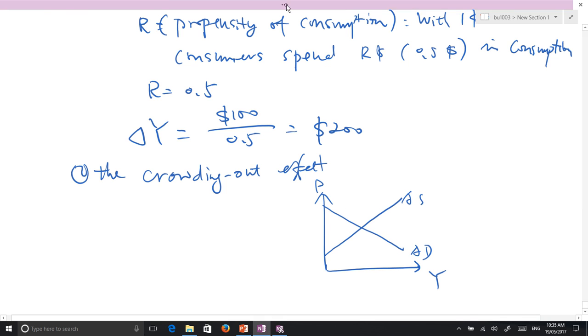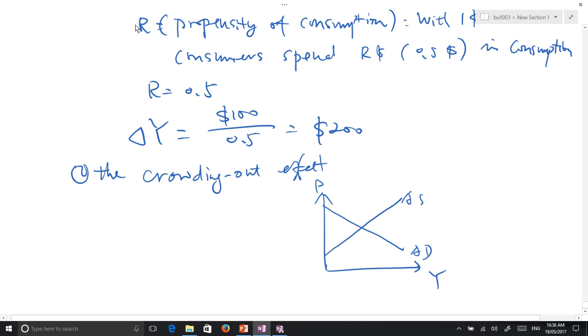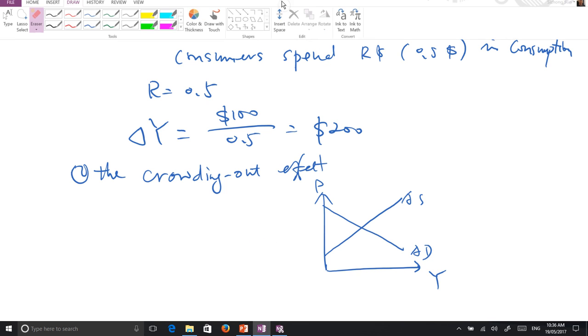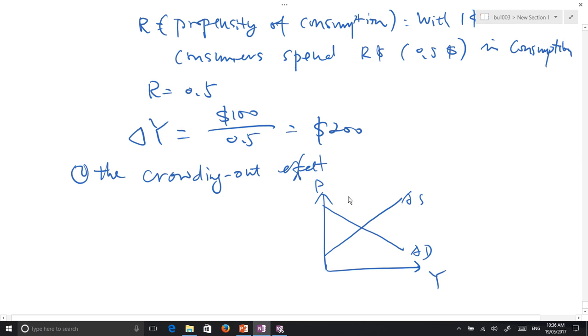So the increase in the government spending shifts the aggregate demand curve to the right by $200. So the government pumps in $100. The aggregate demand increased by $200 due to the multiplier effect.